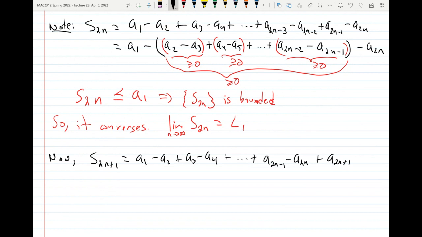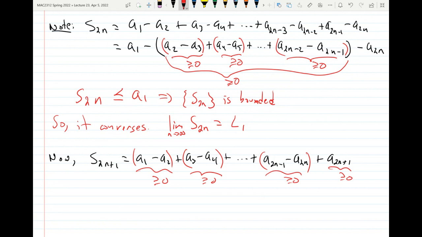Okay, so let's play the same game. I put parentheses like this. Once again, monotonicity, right? Positive, positive, positive, and this guy itself is positive. Because for S2n plus 1, we're just adding positive stuff every single time.